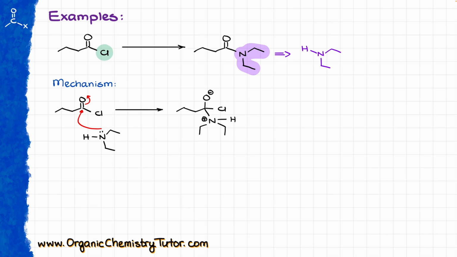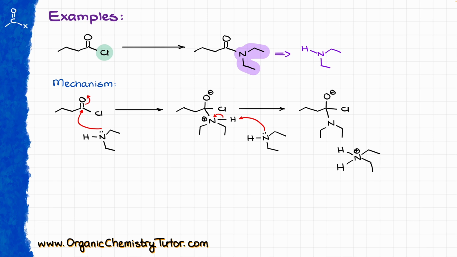These reactions are always done in the presence of two equivalents of your amine, and the reason for that is that amines are fairly basic. So now it's not going to be just some random molecule that comes in and pulls my proton off, it is actually going to be the second equivalent of my amine that's going to come in and deprotonate my intermediate, giving me the following molecule and an equivalent of the protonated amine.